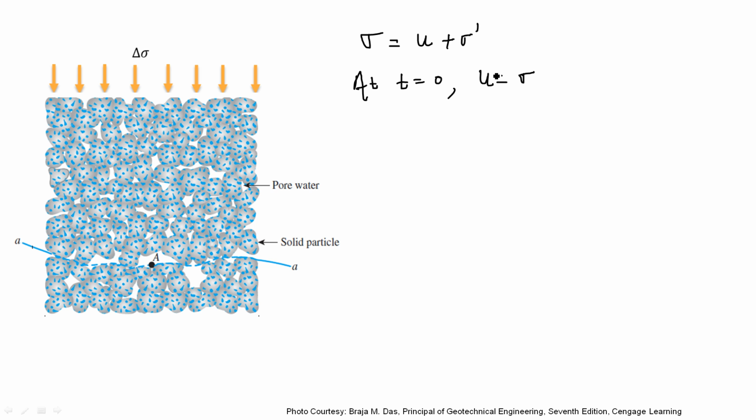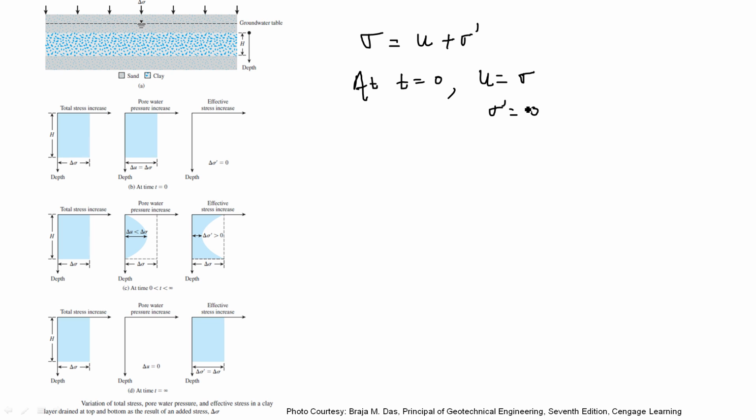At time t equal to 0, all the incremental load, all the vertical loads transfer to this pore water. That is, we can write at time t equal to 0, u becomes the total stress and the effective stress is 0 at that time, as you can see in this figure also. At time t equal to 0, the pore water pressure becomes the total stress at all the depth and the effective stress is 0.